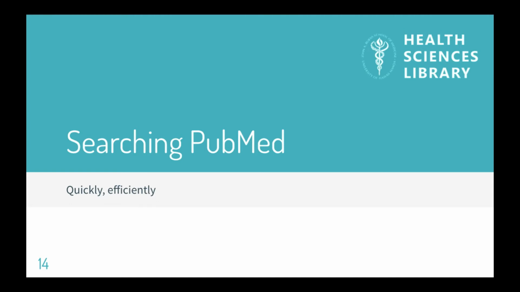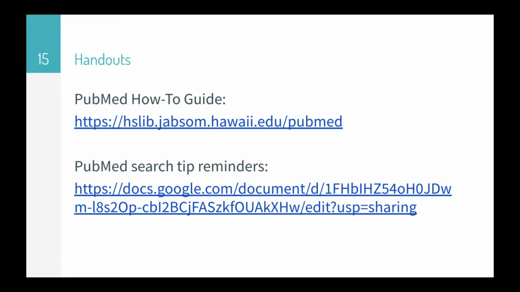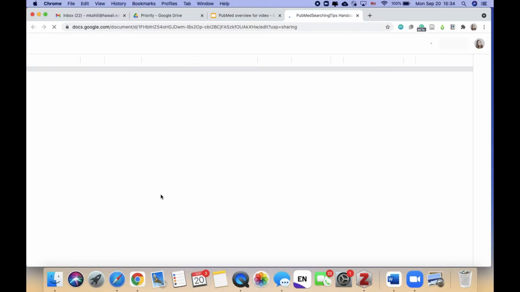So for this next part, we are going to be taking a look in actual PubMed. I have a couple handouts here, or a couple guides. So I have a link to our PubMed how-to guide. This is through the Japsam Library website. And then there's also a link here to a Google Doc that has some, here, I'll open this up.